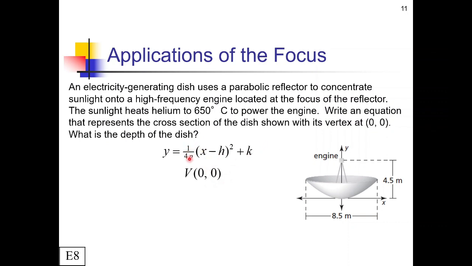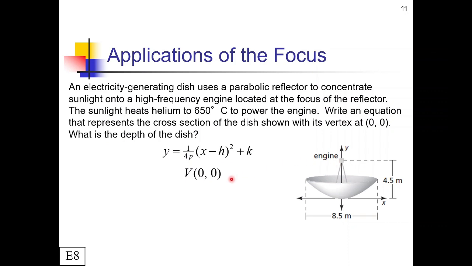We do need to find the p-value, though. And the p-value, we can do the focus. There is no directrix listed on this, but they did give us this focus up here, this engine. And this focus is 4.5 meters above the x-axis. So that's like 0, 4.5.